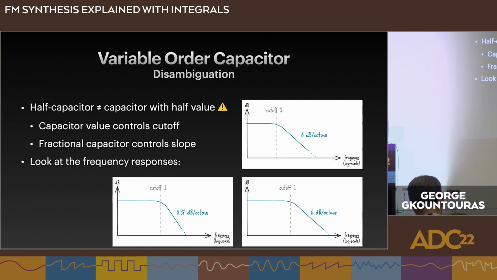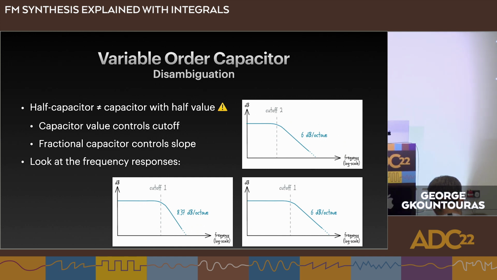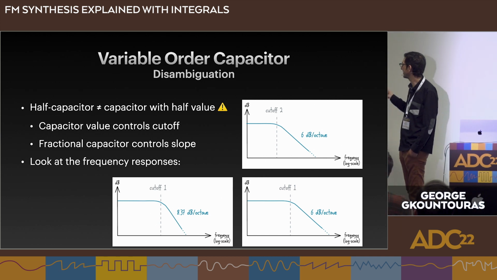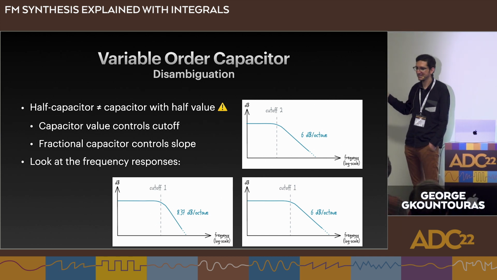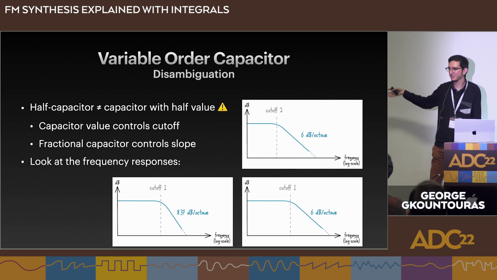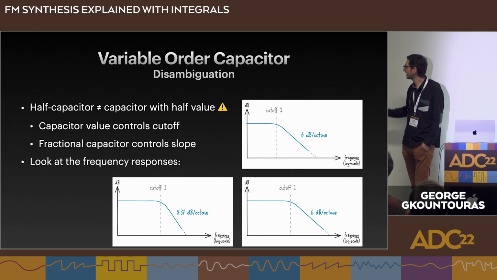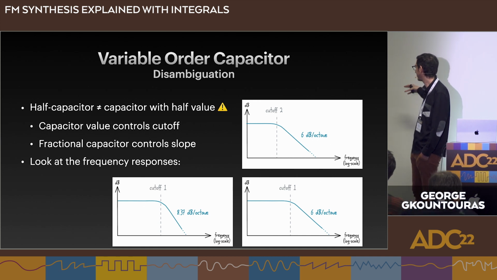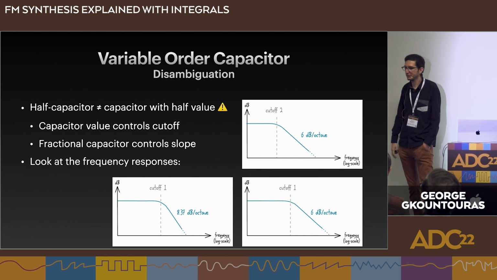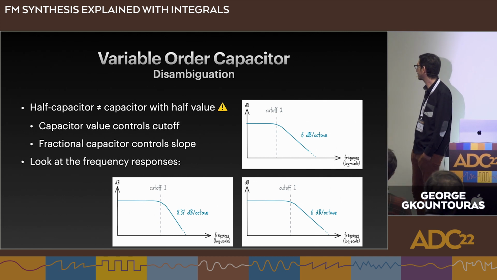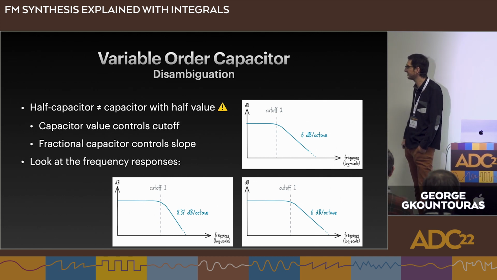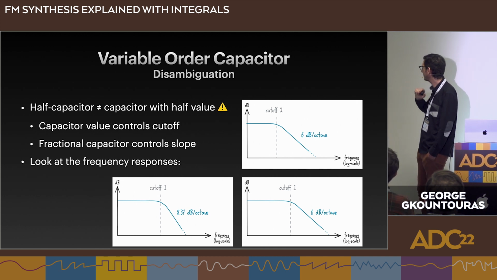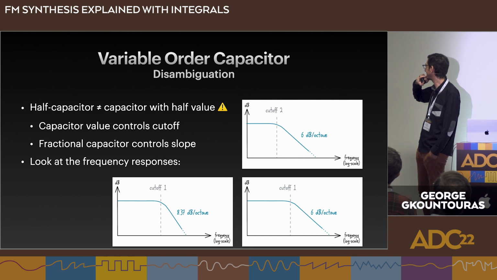At this stage, I want to have a pause and disambiguate between the special half capacitor and the capacitor that has half the value. A capacitor with half the value changes the cutoff frequency of our filter. But what the fractional capacitor, this magical device, does is it controls the slope of the filter.